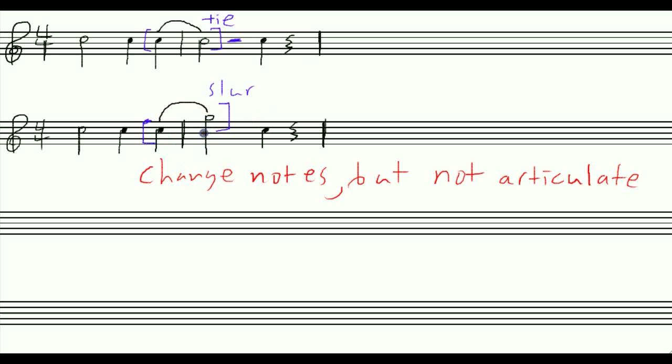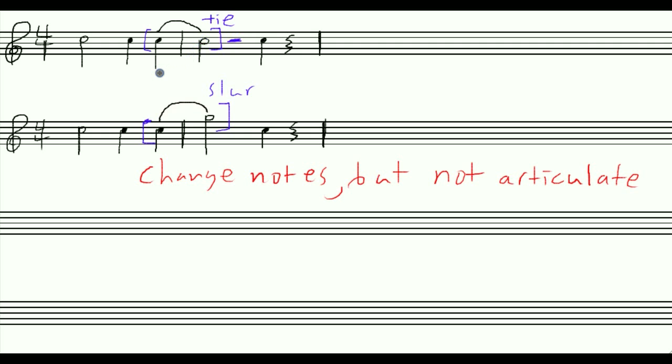So hopefully you can kind of tell that I'm not re-articulating this top note. I'm slurring into it, just gliding into it. It's not like this tie, where up here you're not re-articulating the note, but it's really the same note. So you really are just pretty much holding this through.